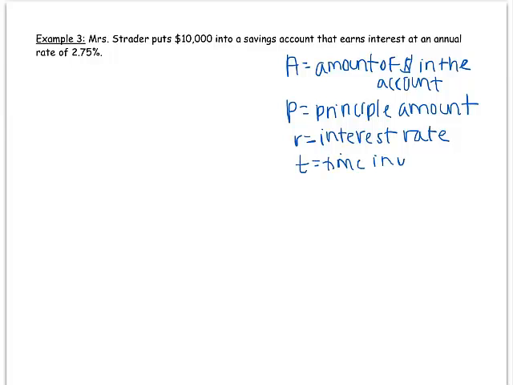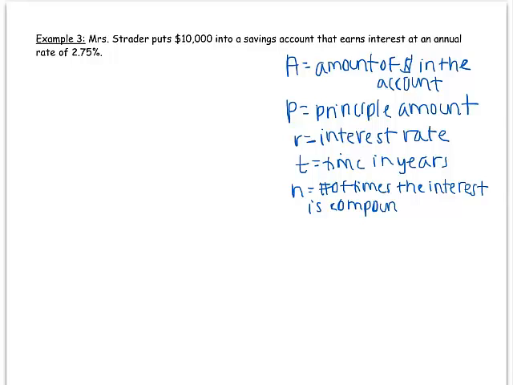So obviously I'll get more money if I leave my money in the account for a longer period of time. And then we have N, and N is the number of times the interest is compounded per year, and I'll tell you what that means in a second.